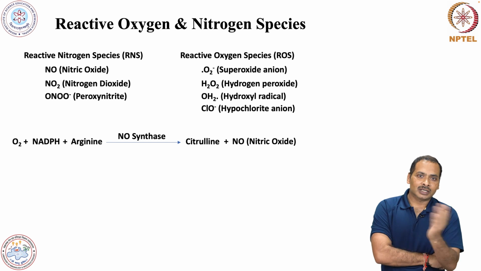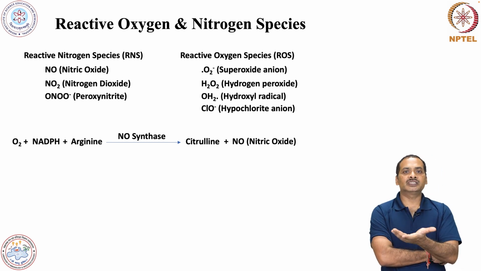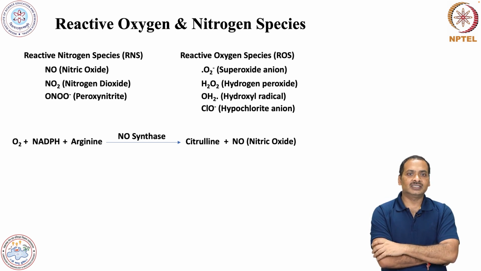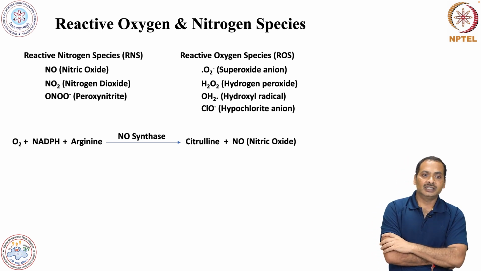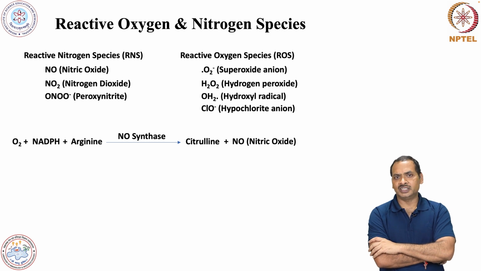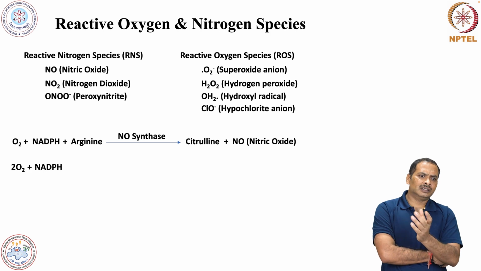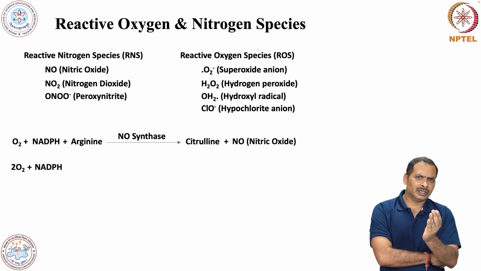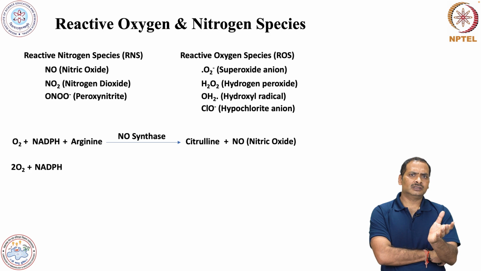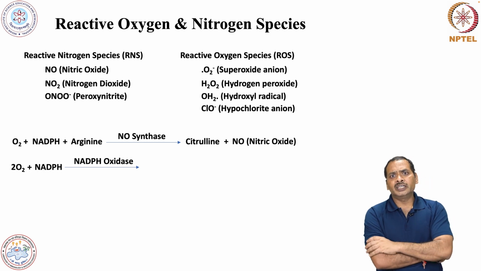Now let's come back to the immunity part. This nitric oxide also reacts with various free radicals, and this generates nitrogen dioxide and peroxynitrite. Let's see how the other reactive oxygen species are generated inside the cell. Basically, NADPH reacts with oxygen in phagolysosomes, in the presence of NADPH oxidase.